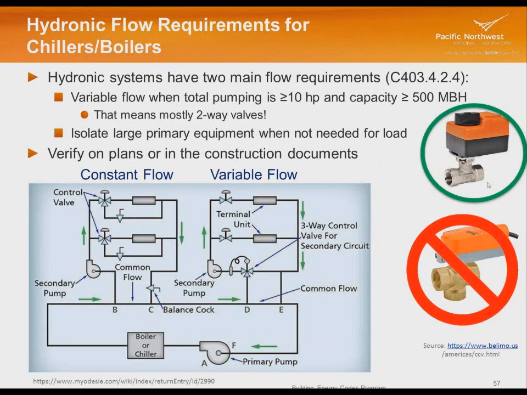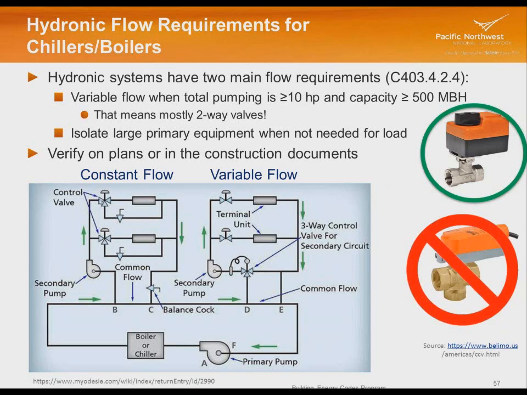So what's the difference? We've got three-way valves and we've got two-way valves. Good, bad, right? Now, you might see some three-way valves, and we'll talk about that. But in a three-way valve system, in the left part of this diagram is a constant flow system. What that means is, out in the system, I have a pump. It might even be the primary pump. I might only have one pump in my system. And that is a constant flow based on what I need at maximum design, whether it's maximum heating or cooling.